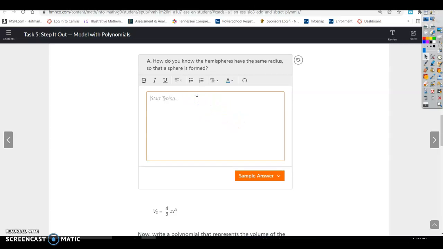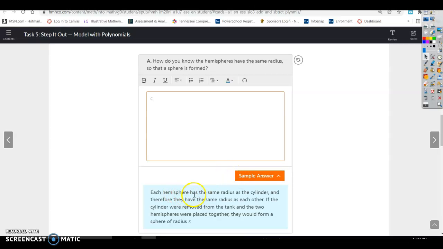Let's see what the answer is here that they give us. Each hemisphere has the same radius as the cylinder. All right, cylinder, remember, is the inside of the truck, and therefore they have the same radius as each other. If the cylinder were removed from the tank and the two hemispheres were placed together, it would form a sphere of radius r.